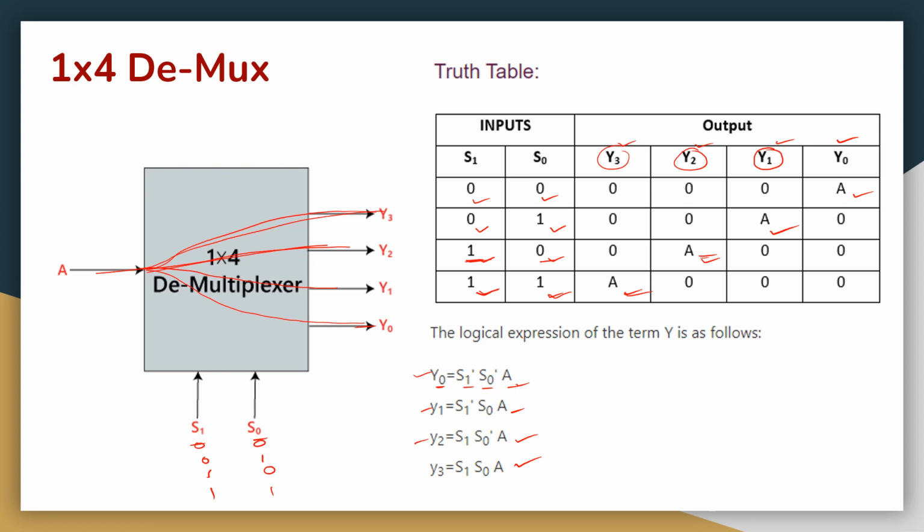So how we will get that one is simply there is some a, there is some s1. So here it is a, here it is s1, like that. Here there is some s0. Suppose y0 is s1 bar, s0 bar and a.